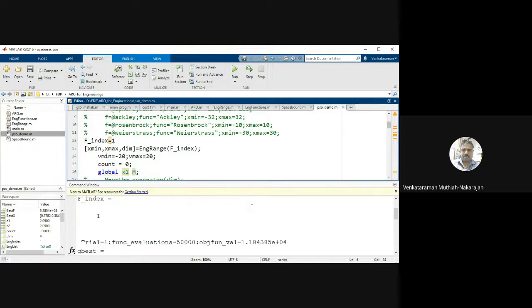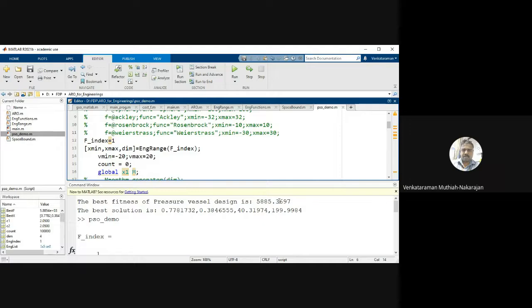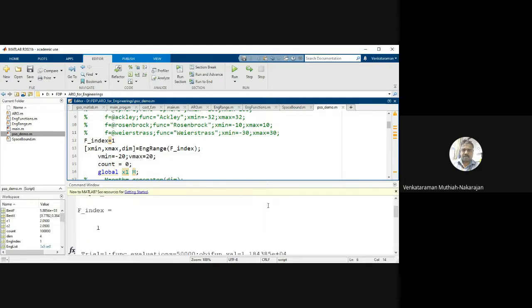So we originally saw that their output value was 5885. We are nowhere near that. So for this particular function, PSO does not do as well as artificial rabbits optimization. But its performance is decent. It is around 9,000, whereas artificial rabbits was able to give around 5,800.